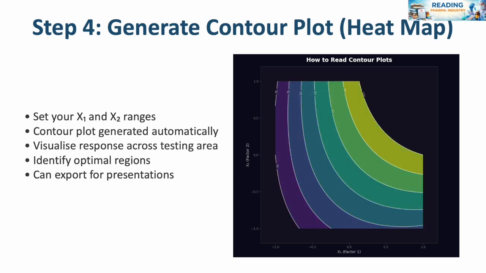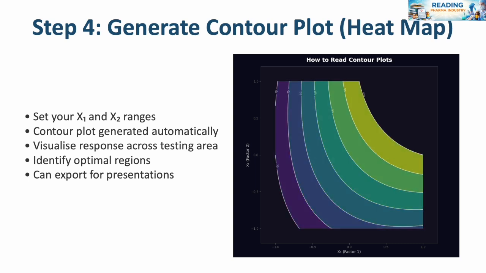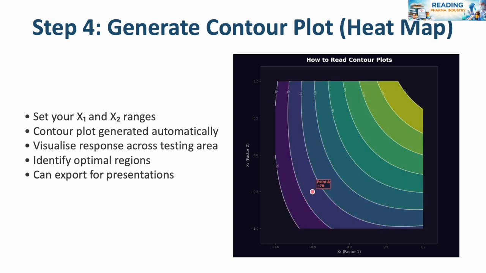So just remember that. The contour lines connect points of equal response, and you can see that through the lines which divide different regions. The color code represents response magnitude. So you can immediately see where the response is maximized, minimized, and how steeply it changes across the different range of your data.